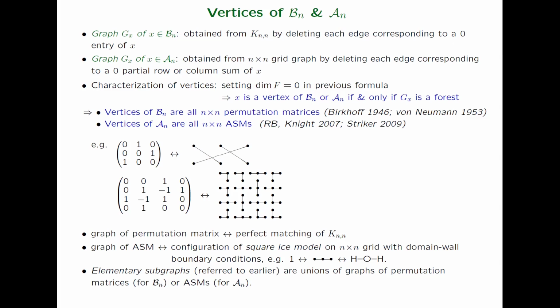And if we use the previous formula, the dimension is number of edges minus number of vertices plus number of components, then we know from a basic result in graph theory that a connected graph is a tree if and only if the number of edges minus the number of vertices is equal to 1.